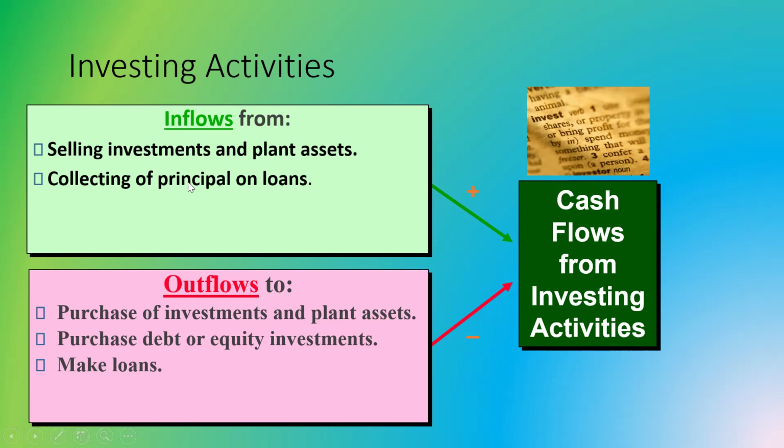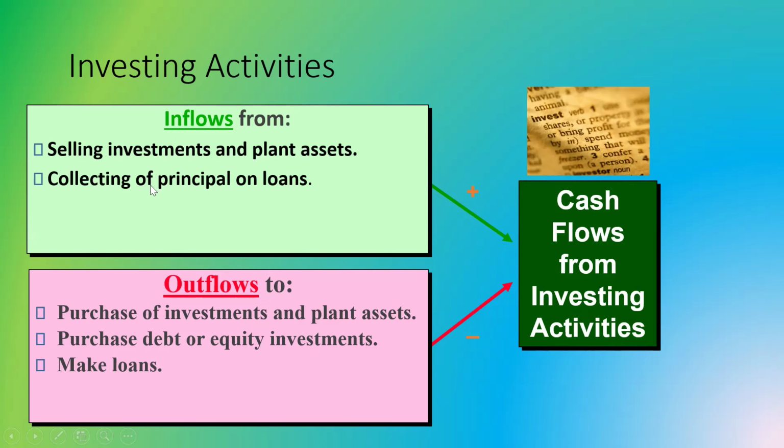Here you can see the inflows and outflows from investing activities. Number one is selling investments or plant assets. In this way, the company gets money into the business, so these are called inflows.